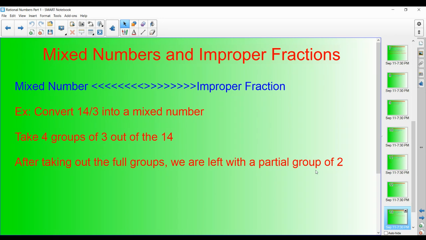We're going to still have 2 leftovers. So that's our remainder group. So 14/3 becomes 4 full groups and 2/3 of a last group. So 14/3 equals 4 2/3. So that's how we convert between mixed numbers and improper fractions.